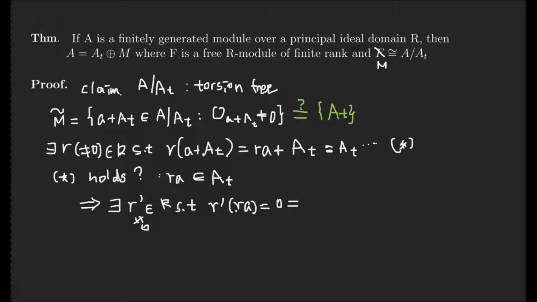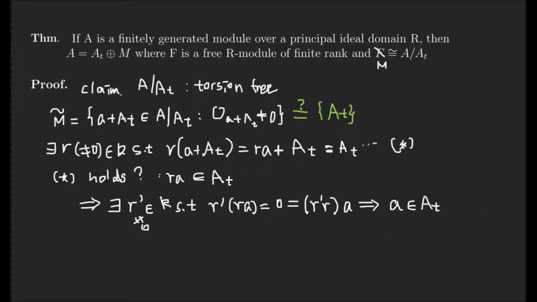And since r prime and r are non-zero elements in the ring, by the associative rule we can say r prime r a is also equal to 0. And again, r prime is a non-zero element, and r is also a non-zero element. So, considering this, a is an element of AT.